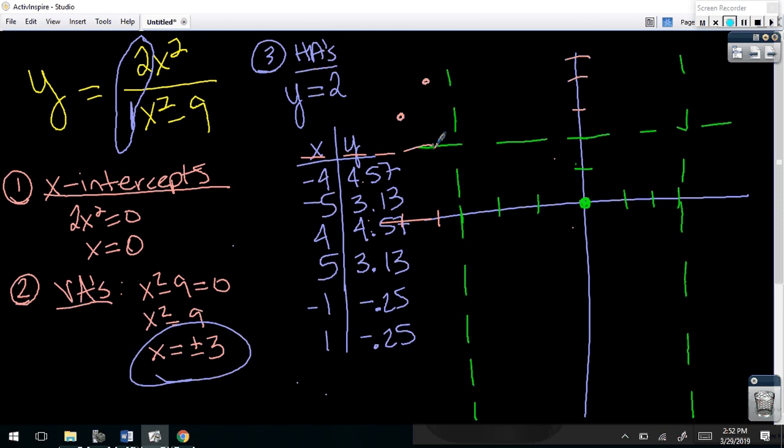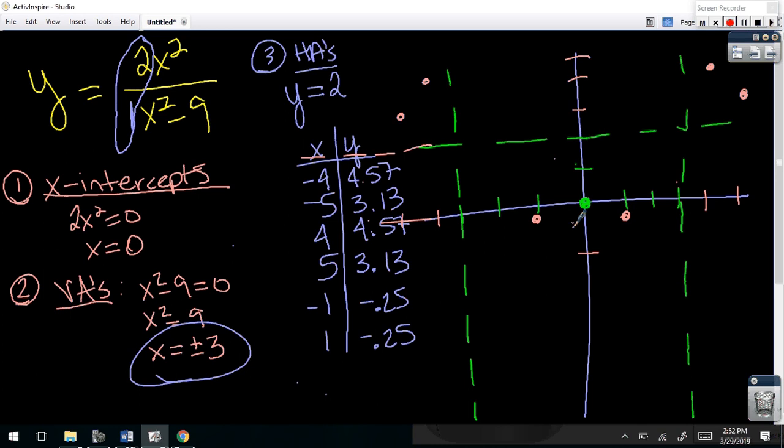It's tedious. 4, 4.5, 5. Don't be so excited. What? Yeah. -1, negative a quarter, 1, negative a quarter.